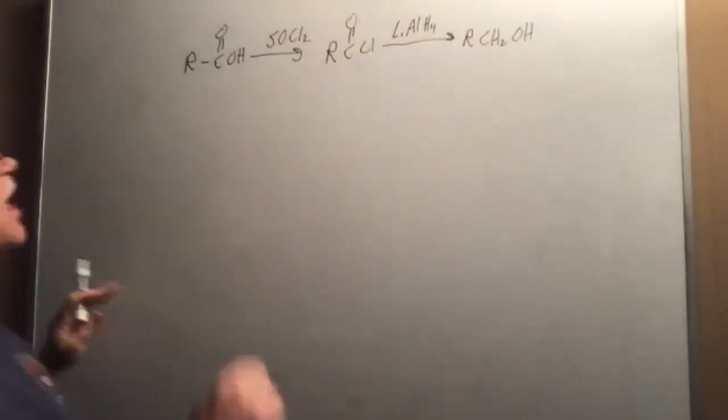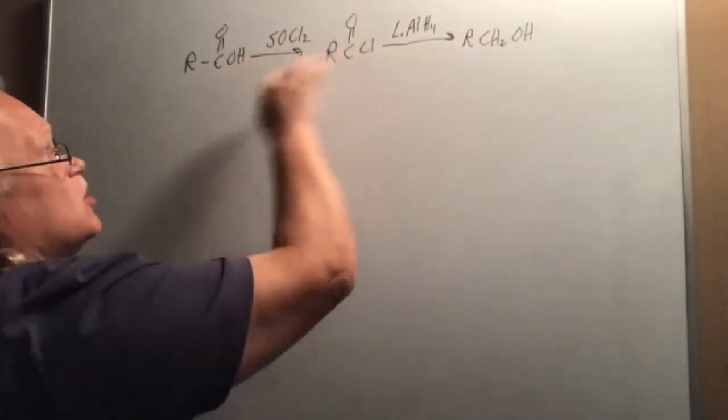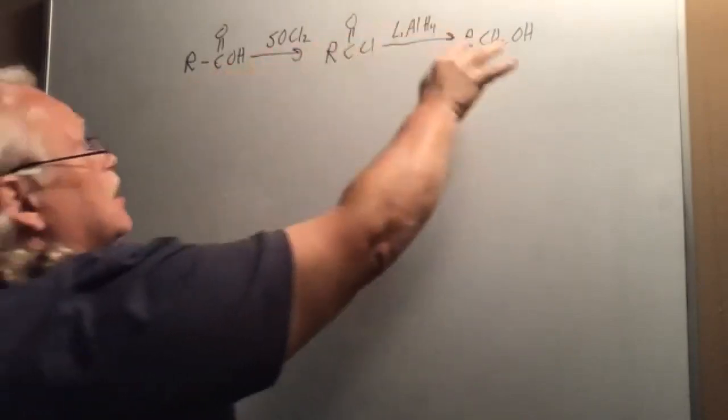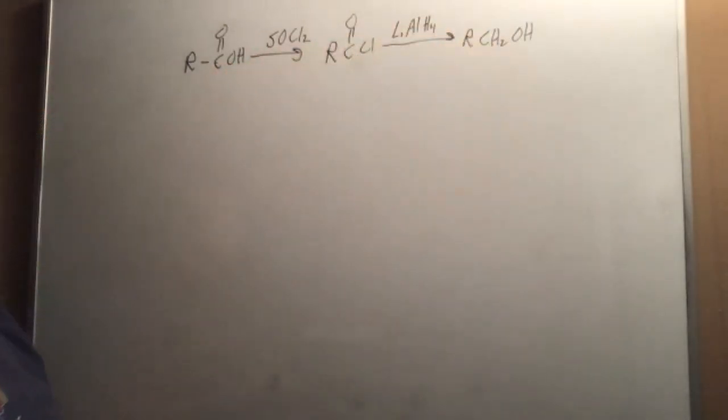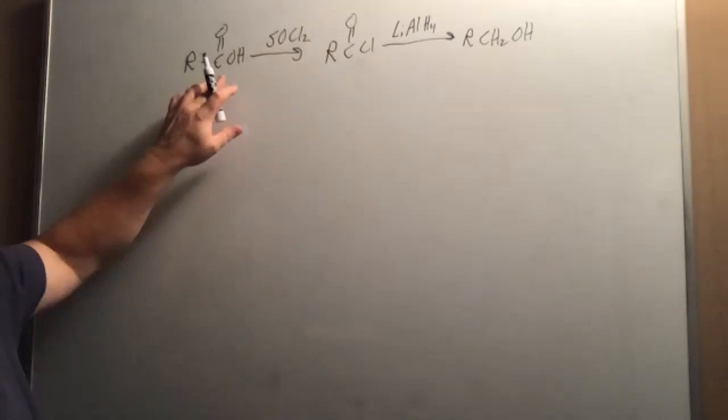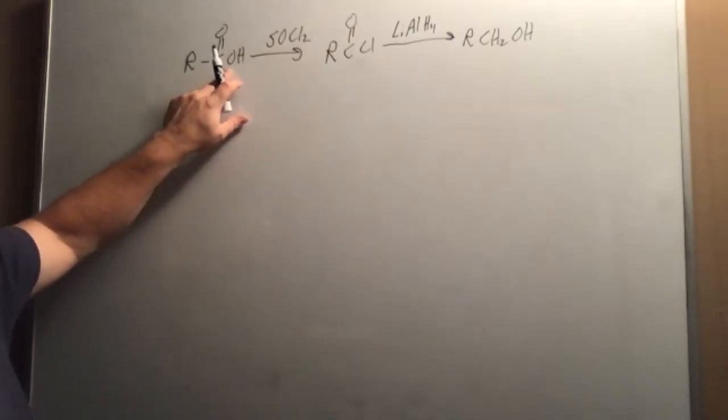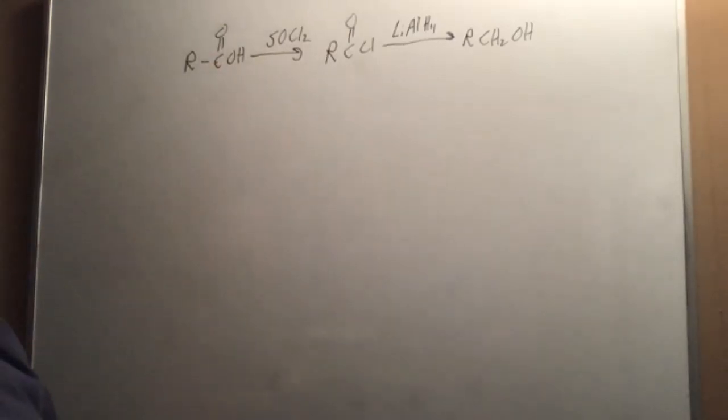So notice this is a reaction. These two reagents together can turn a carboxylic acid into an alcohol. That's a reduction, because notice what we've done. We've removed one oxygen and added two hydrogens.